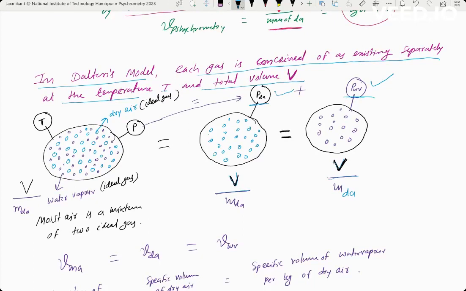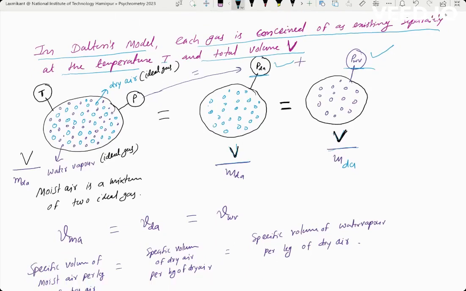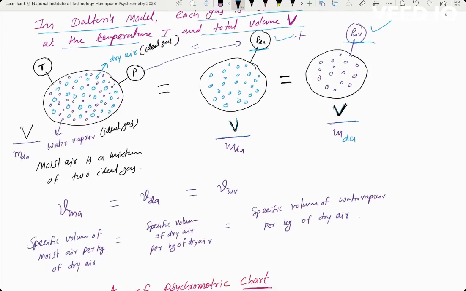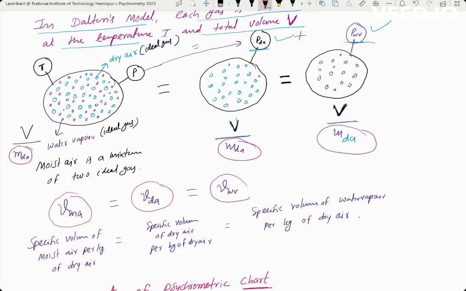It is to be kept in mind that the volume is fixed for the three cases. So this is the total volume. We will divide both volumes by the mass of dry air. So this is the mass of dry air. Also here we divide by the mass of dry air, so it becomes the specific volume of moist air, specific volume of dry air, specific volume of water vapor.